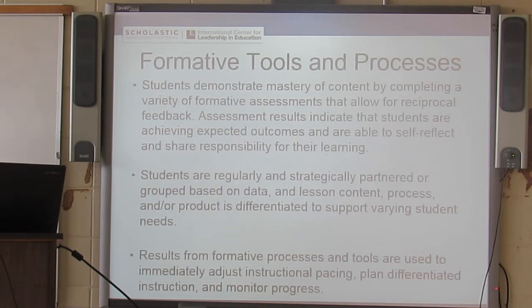Students are regularly and strategically partnered or grouped based on data and lesson content. Process and or product is differentiated to support varying student needs. Results from formative processes and tools are used to immediately adjust instructional pacing, plan differentiated instruction, and monitor progress.